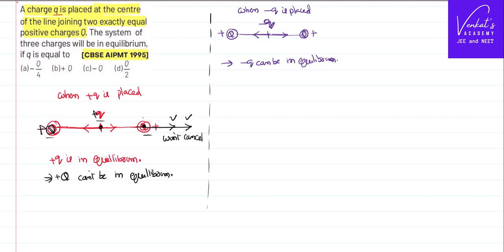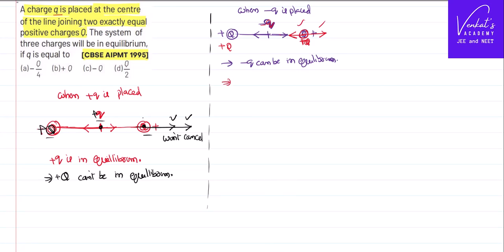Look at this plus Q. On this plus Q, this minus q applies an attraction towards it. On this plus Q, the other plus Q applies a repulsion. So, they too can cancel because the forces are acting in opposite directions, when their magnitudes are equal.